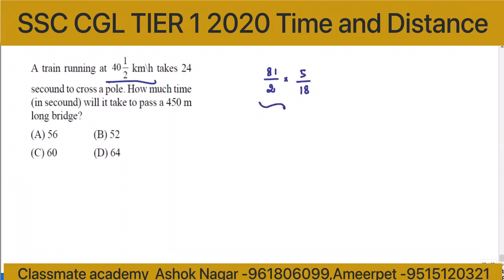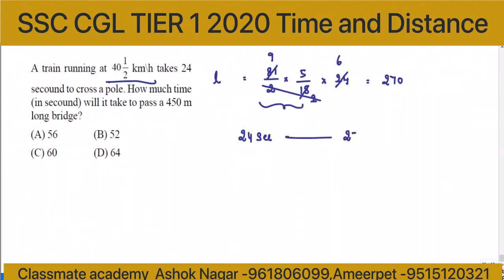This is the speed. What is our time? 24 is the time. Now, what is the length of the train? Can I say the length of train is how much? 270. So in 24 seconds, the train actually covers a distance of how many meters?